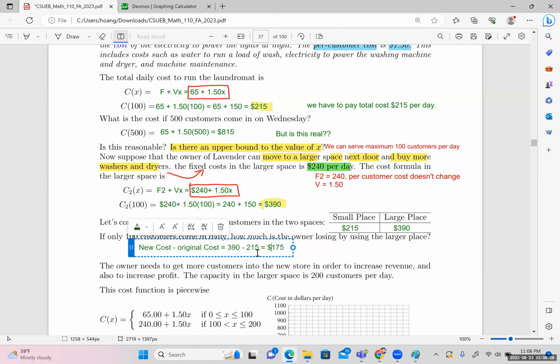You may figure out there is a point where the cost becomes similar to the one you just used before. But for right now, it's still going to be always losing $175. Okay.